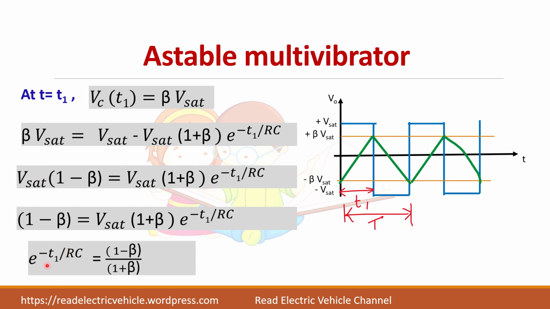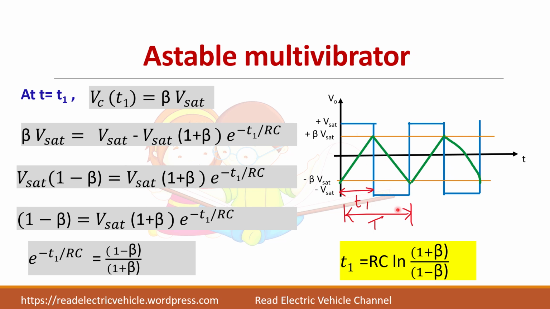It is very easy to simplify. So you will get this one. Let us remove this e and we can write T1 is equal to RC into natural log of (1 plus beta) divided by (1 minus beta). So this is the final expression for the time period T1.